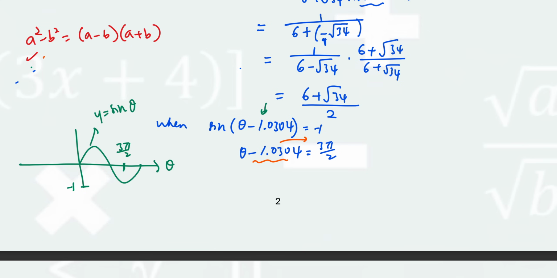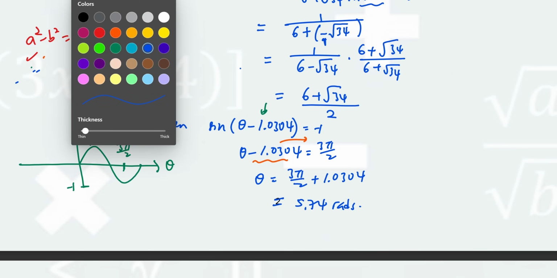That means it becomes positive, right? So my theta is going to be 3 pi over 2 plus 1.0304. Then this is going to be 5.74 radians.